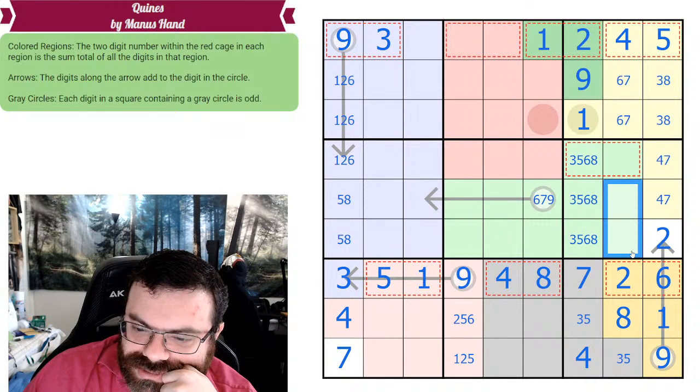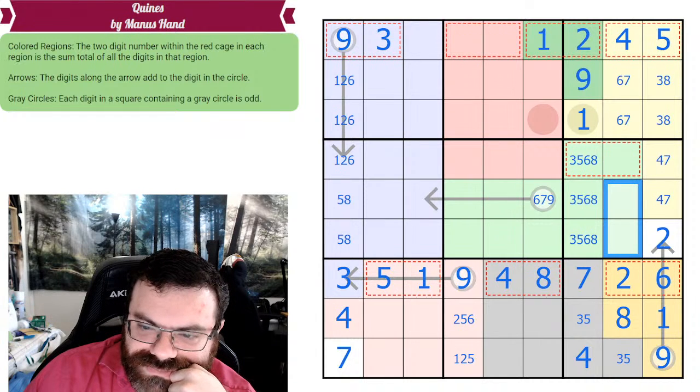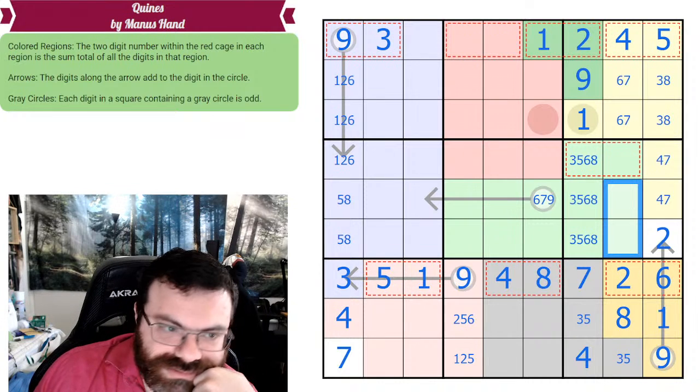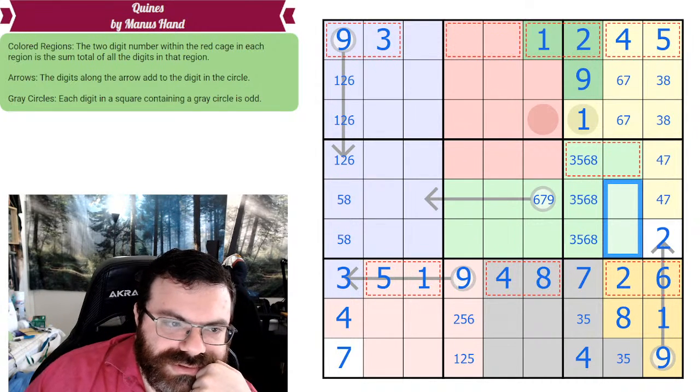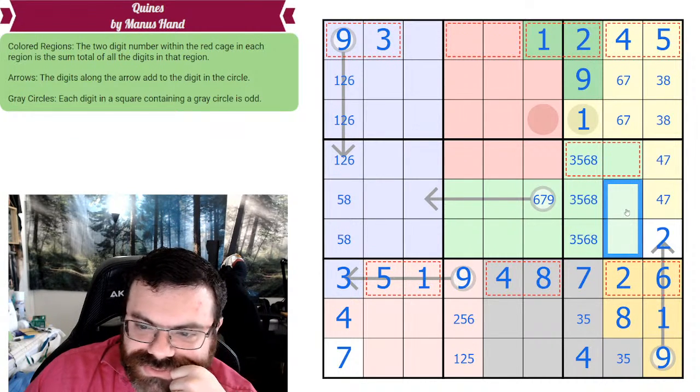And then this can have a 9 and a 5. Hold on, if this contains the 5, we know we're going to have a 3 as well. So this will be 9 and 3. And 3 could be here. Let's do 9 and 4. That's 32.